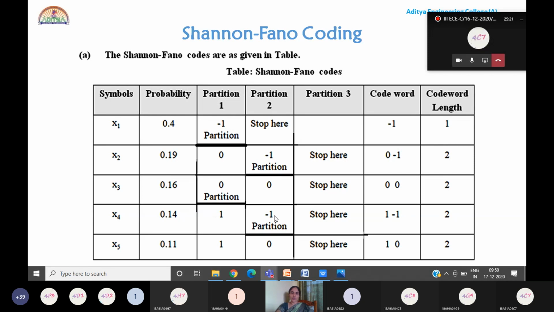So please assign -1 to the x4 subset and 0 to the x5 subset. Now if you observe all the subsets, x1 is completed, and x2, x3, x4, x5 each have only one element. So we can stop the further partitioning.